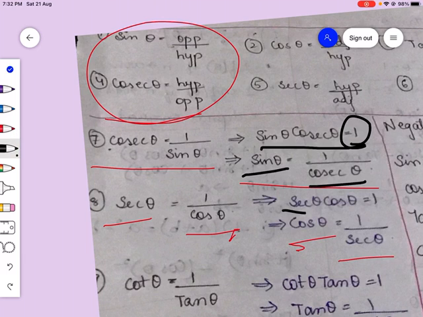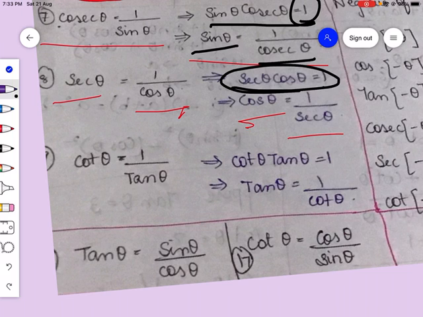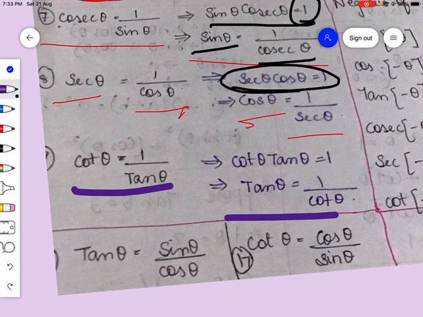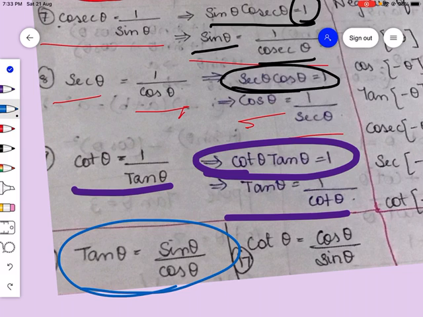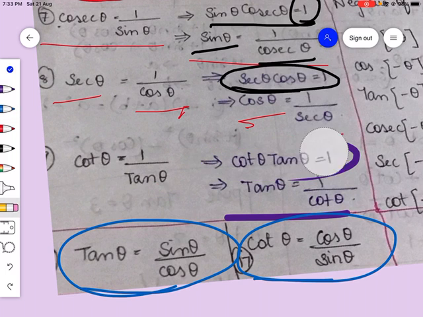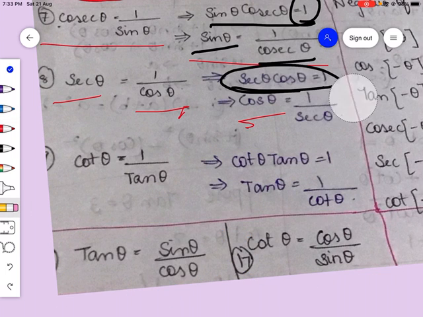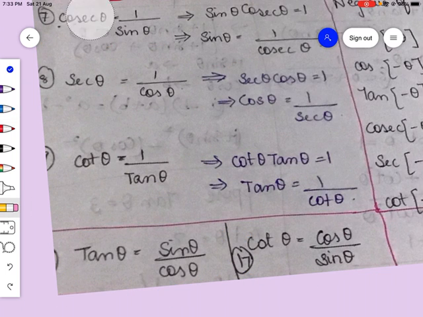Therefore the product of secant theta and cos theta is 1. Cot theta is equal to 1 by tan theta, and tan theta is equal to 1 by cot theta. Therefore cot theta times tan theta is equal to 1. Remember this formula as well: tan theta is equal to sine theta by cos theta and cot theta is equal to cos theta by sine theta. Just write these formulae so that you remember when you solve questions related to these.